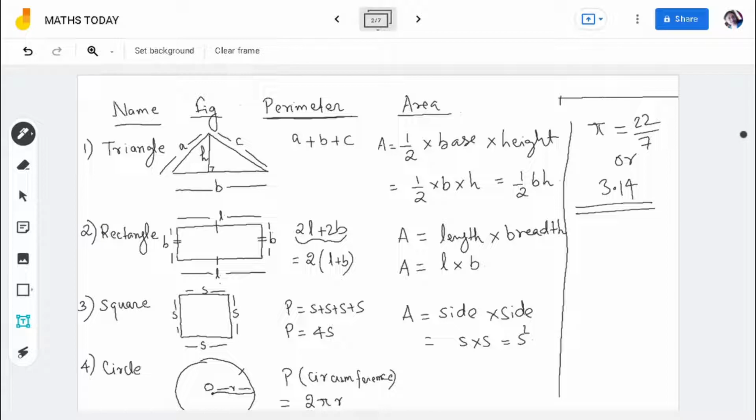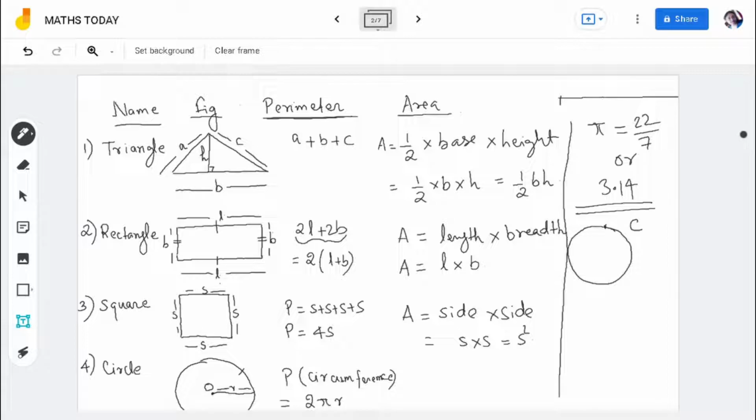So what is the activity? Draw any circle of your choice, any big circle or any small circle. You have to measure the length of its circumference or the perimeter. How will you measure? I have told you, just cut it and make it straight and you can calculate its circumference.